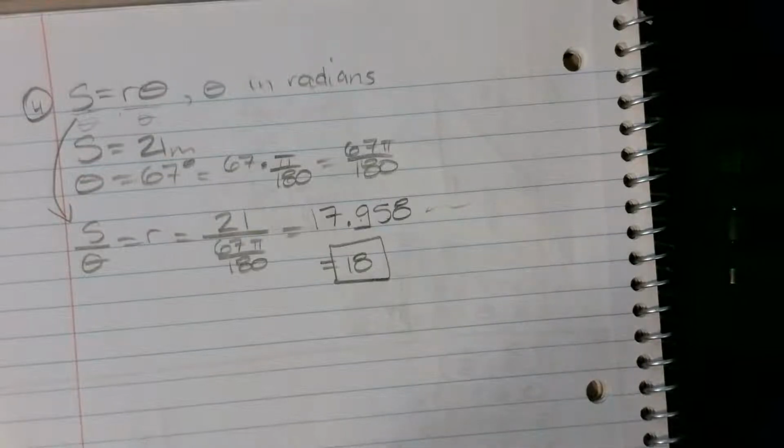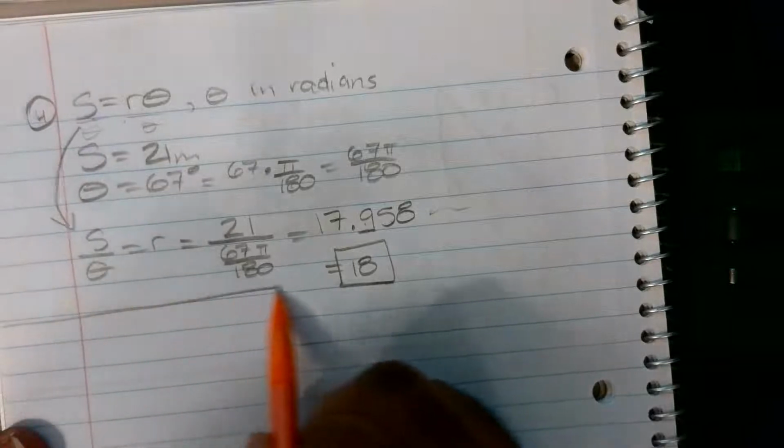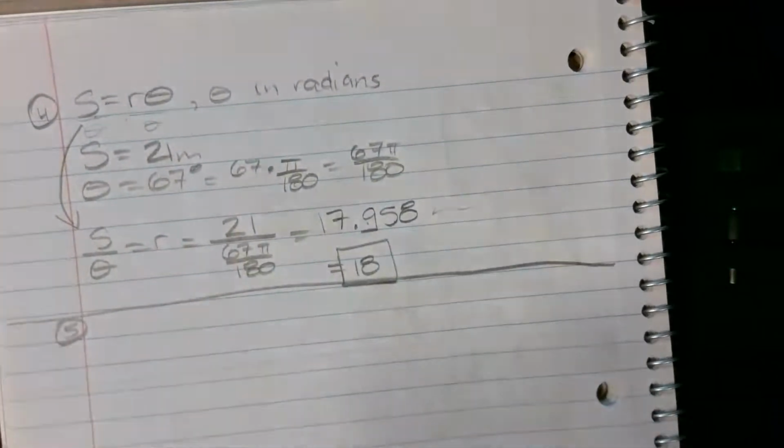All right. So now we're going to do co-function identities. We're going to do a co-function identity problem.